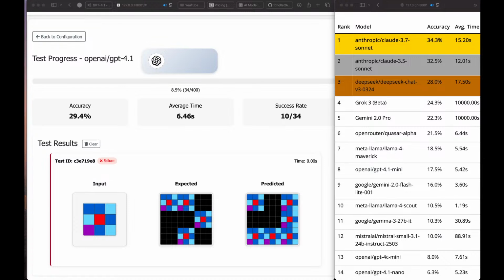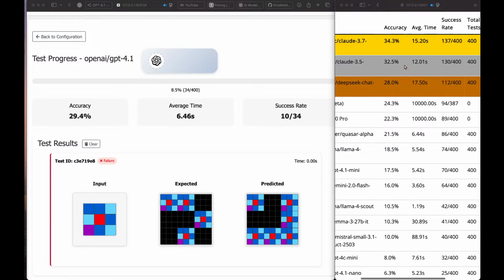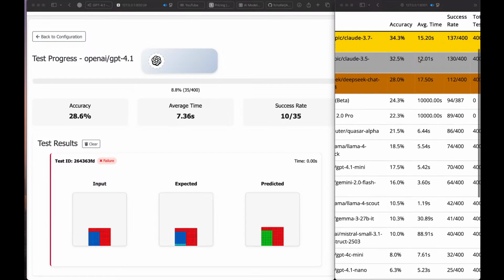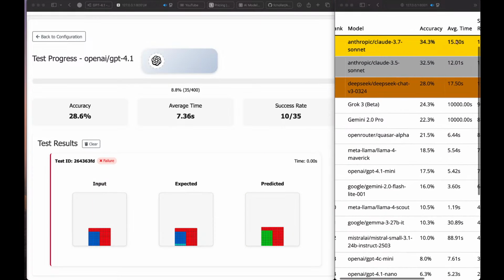Okay, so eight people have voted, and all of them say that it will not beat 3.7 Sonnet. Yeah, most likely that is going to happen. Now it's just barely touching 30. By the way, to win, it has to get 137 questions right.